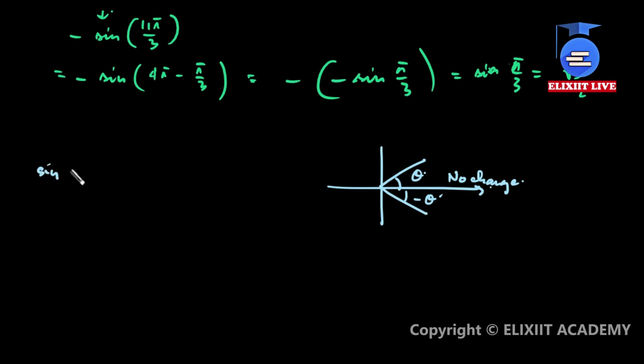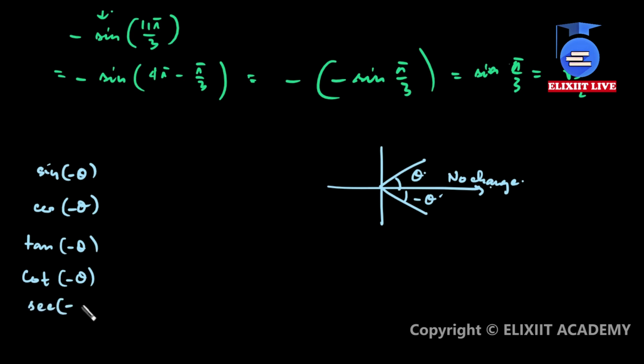So we have sine minus theta, cos minus theta, tan minus theta, cot minus theta, sec minus theta, then cosec minus theta. These are what we need to figure out. If theta is this, then this is minus theta. So what is sine minus theta? We have seen the formal proof before; now see the shortcut proof also.